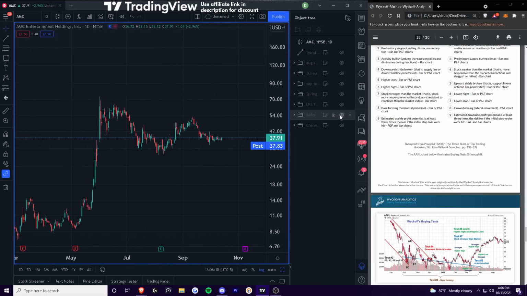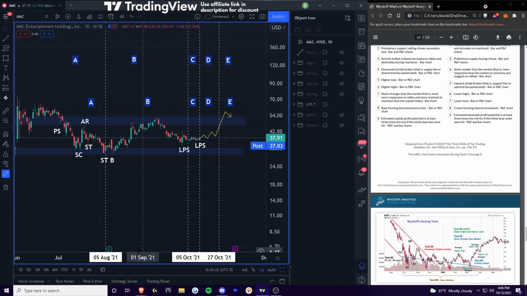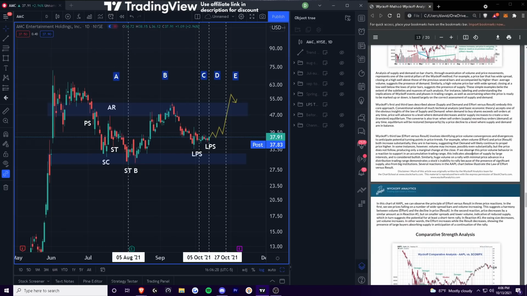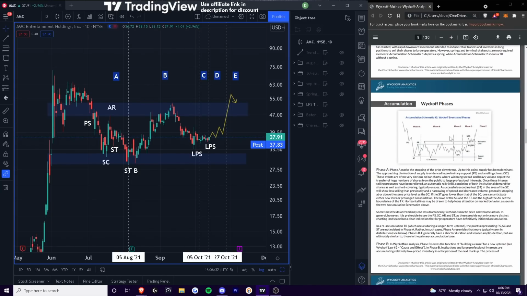As a matter of fact, the theory that I feel is represented best in the accumulation schematic is this LPS theory, which in this scenario has us, to me, seeing upside sooner rather than later. This is what I feel is the most accurate so far, a longer-term accumulation.